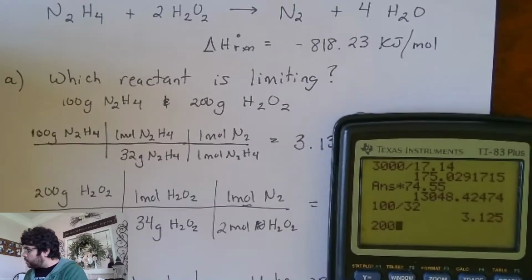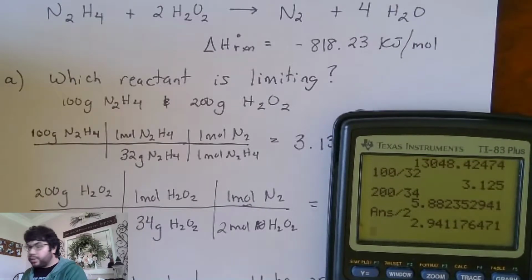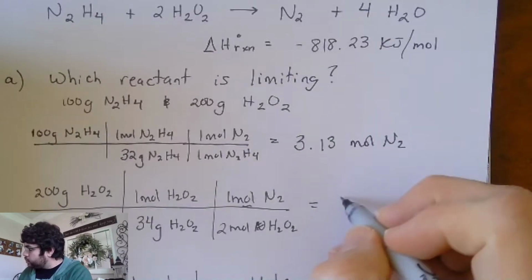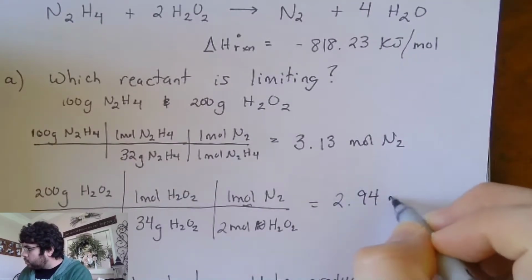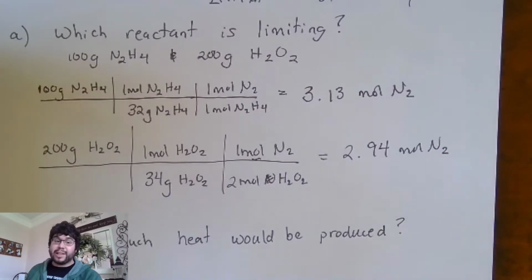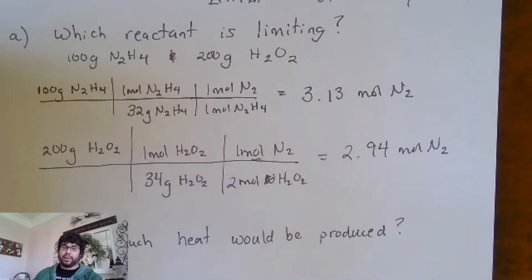So 200 divided by 34, and then divided by 2. And this is 2.94 moles of N2. And this is a really good example. A lot of you guys on the video just said, oh, there's less of one of the reactants, so therefore it's the limiting reactant.